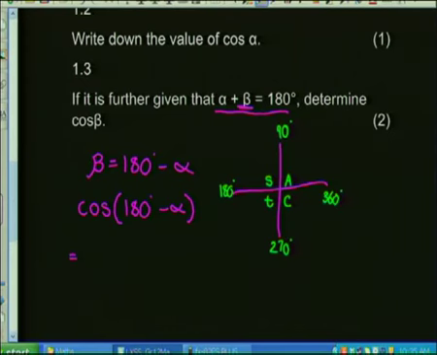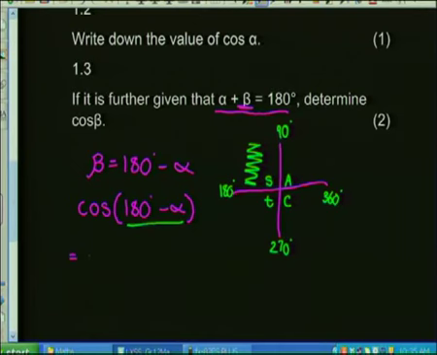Now, looking back at our 180 minus alpha, we know that if we were to subtract an acute angle from 180 degrees, that is going to take us into quadrant 2. Agreed? And in quadrant 2, the value of cos is negative.